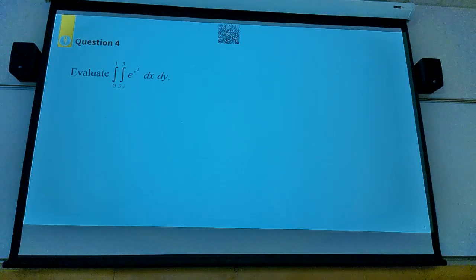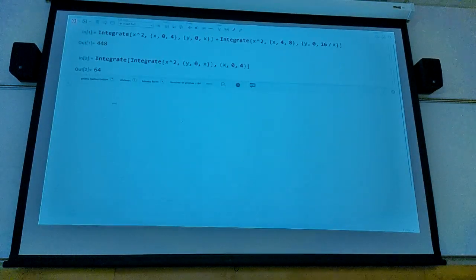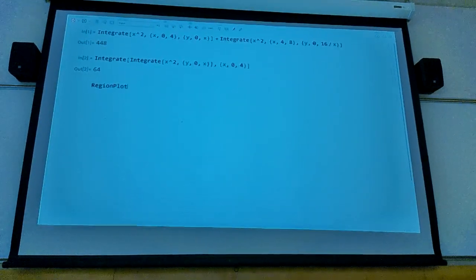To switch the order, we're going to have to first visualize the region so we can actually find the right way of describing it. So here's where I'm going to use a command, RegionPlot. Right, the outer bounds are for x, and that said x went from 0 to 1.